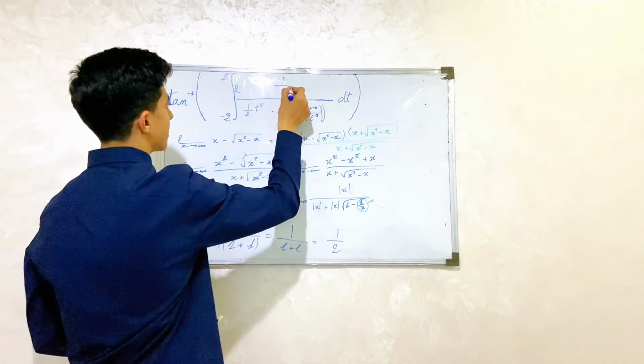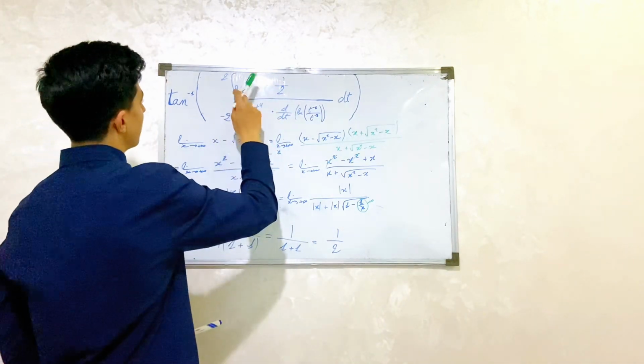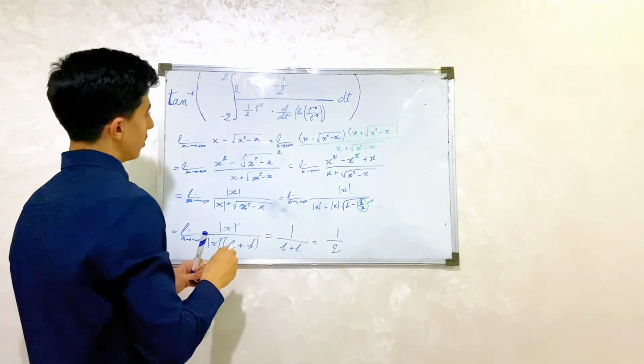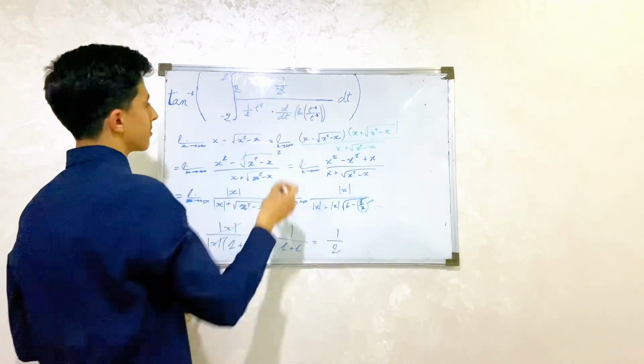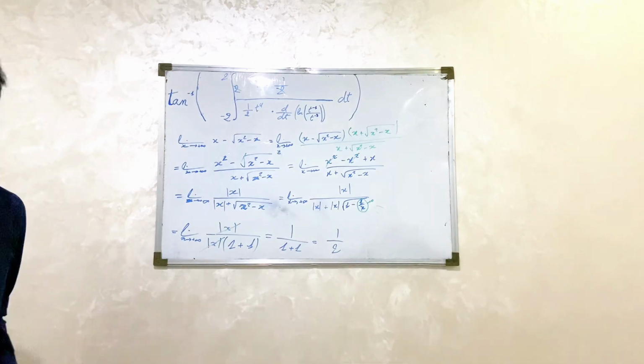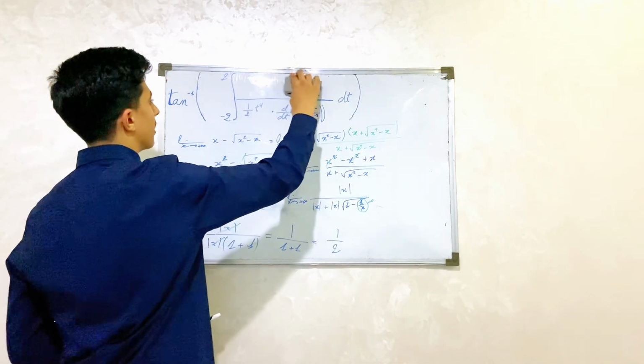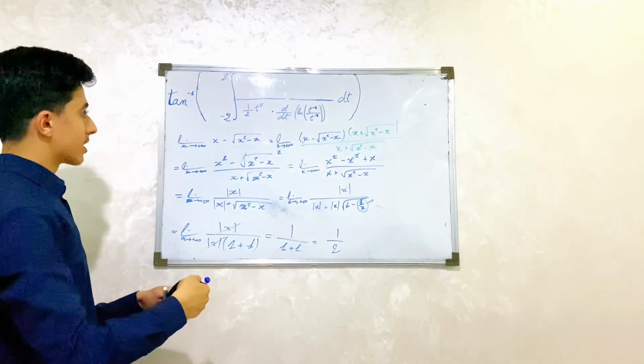So we are going to replace this with 1 over 2. Here we have 2 multiplying 1 over 2. We can just cancel them out, leaving us with the final value, which is 1. Yep, we can just write it right here.